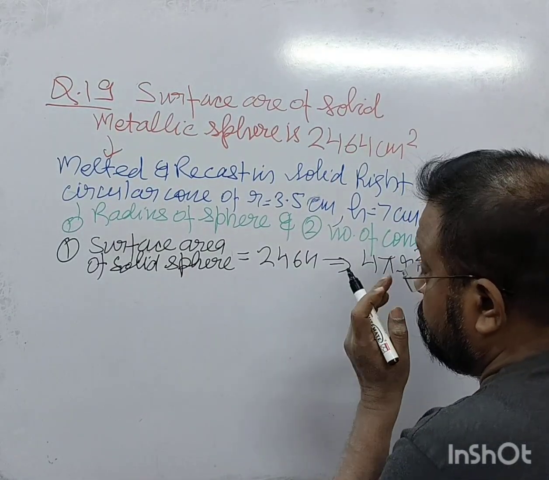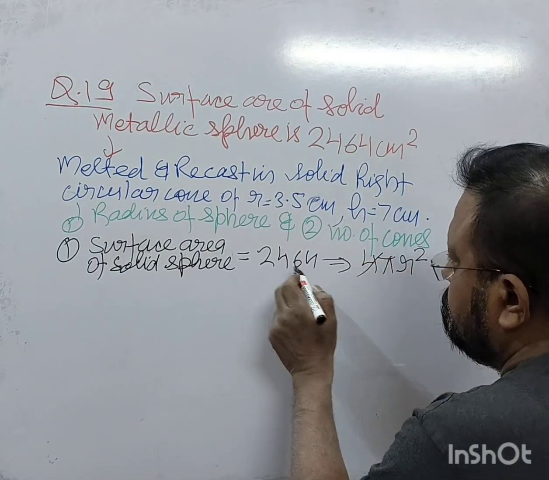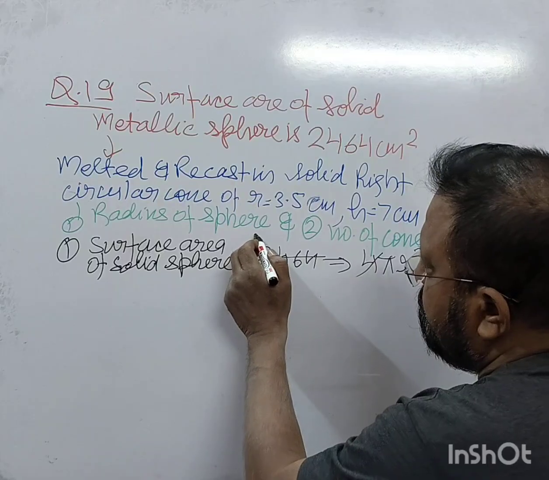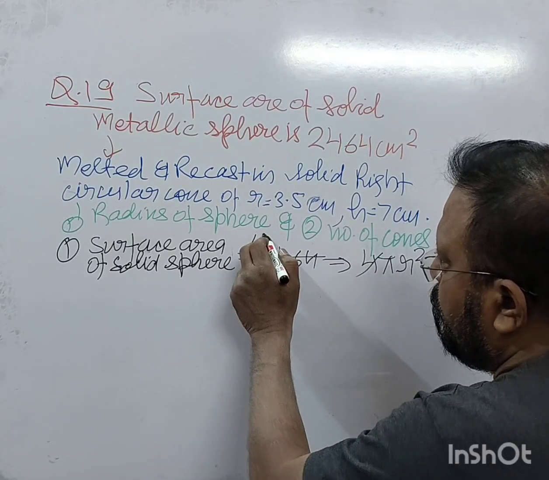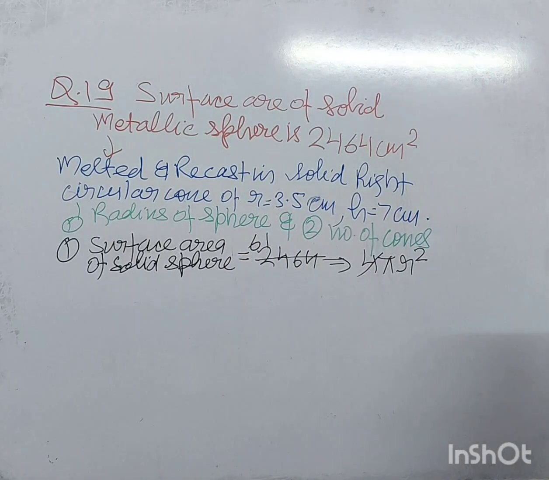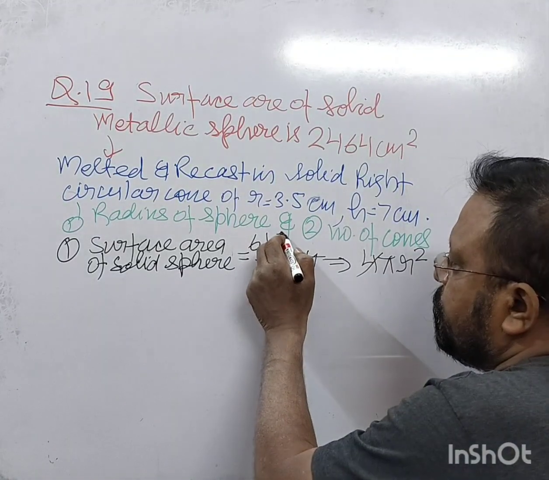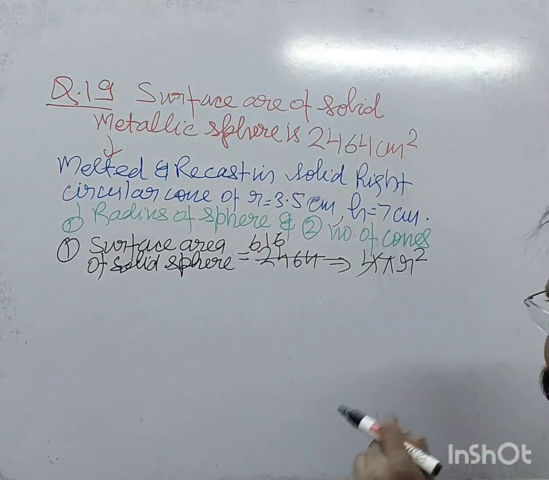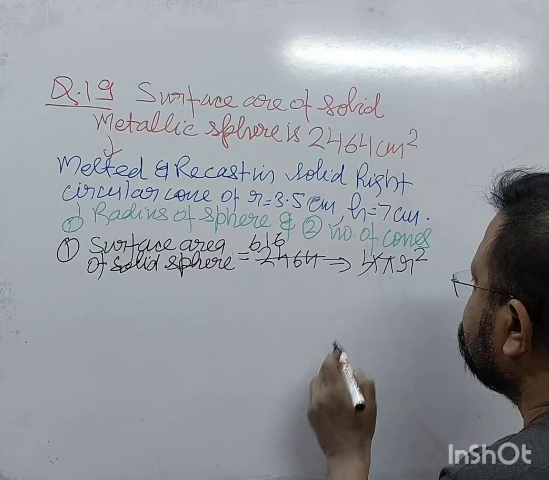So 6 times 4 becomes 24, 1 times 4 becomes 4, 6 minus... 616. You get it?